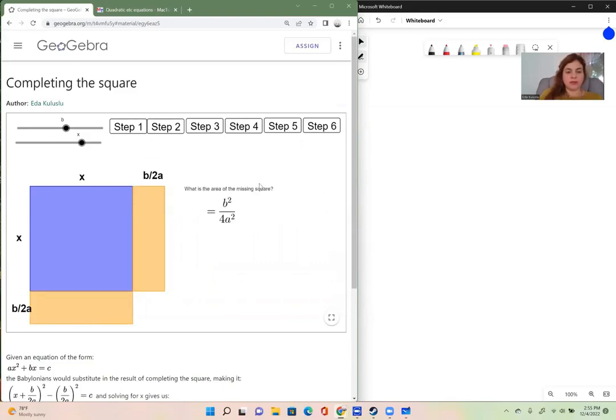So here it asks the missing area, the area of the missing square, which is this little area right here. And the expression for the area of the large square, which is including the missing square.